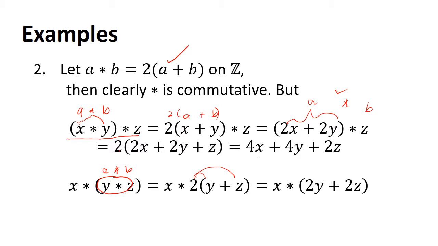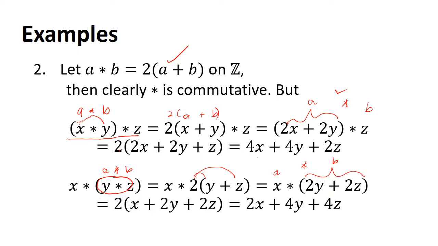Again, this is A star B, and X will be our new A. 2Y plus 2Z will be our new B. And A star B would give us 2 times A plus B, where our new A is X and our new B is 2Y plus 2Z.